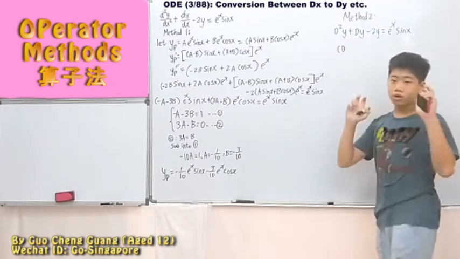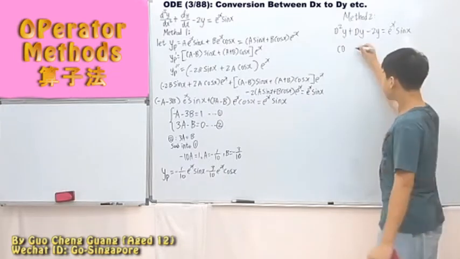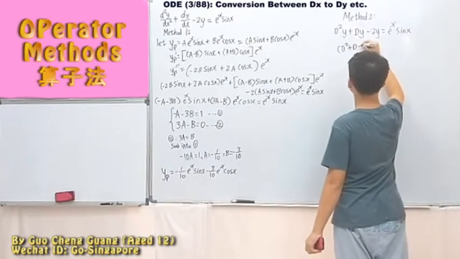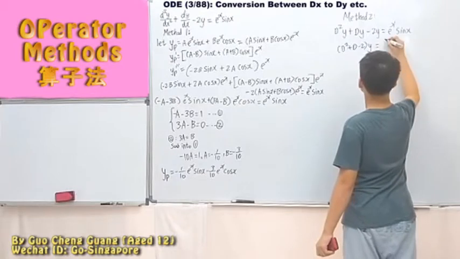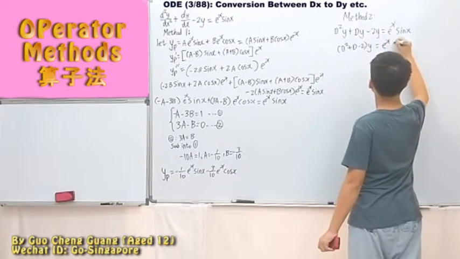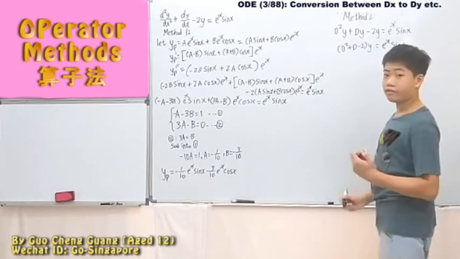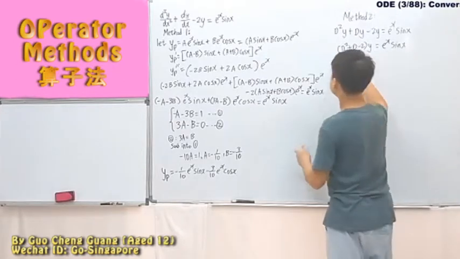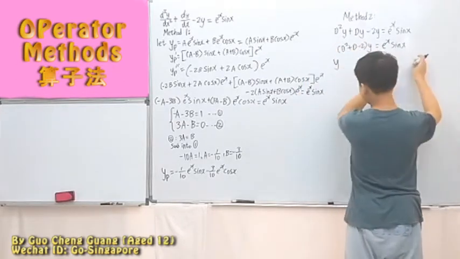That we could sort of factorize the y, like this. After that, you just find y. You just divide this whole thing to the other side.